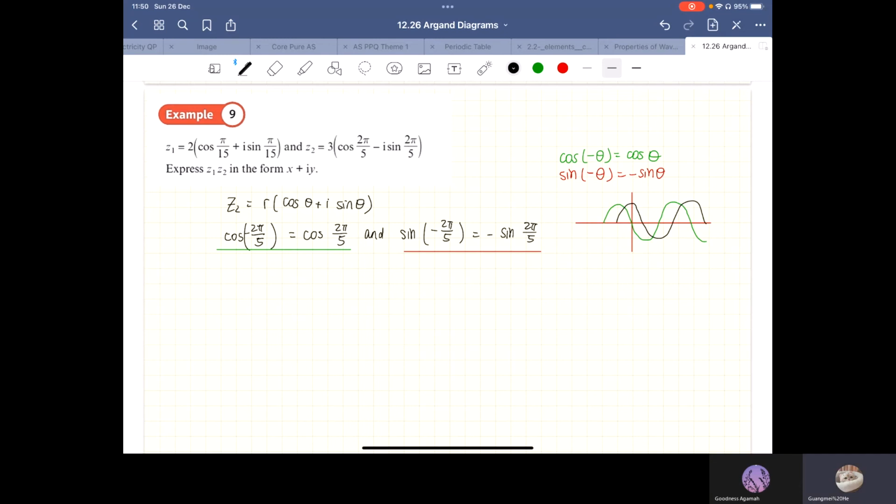So if the black one is the cosine, which line is the line of reflection? Which line is the line of symmetry on the black curve? Is it the y-axis or the x-axis? Here's the x, here's the y.